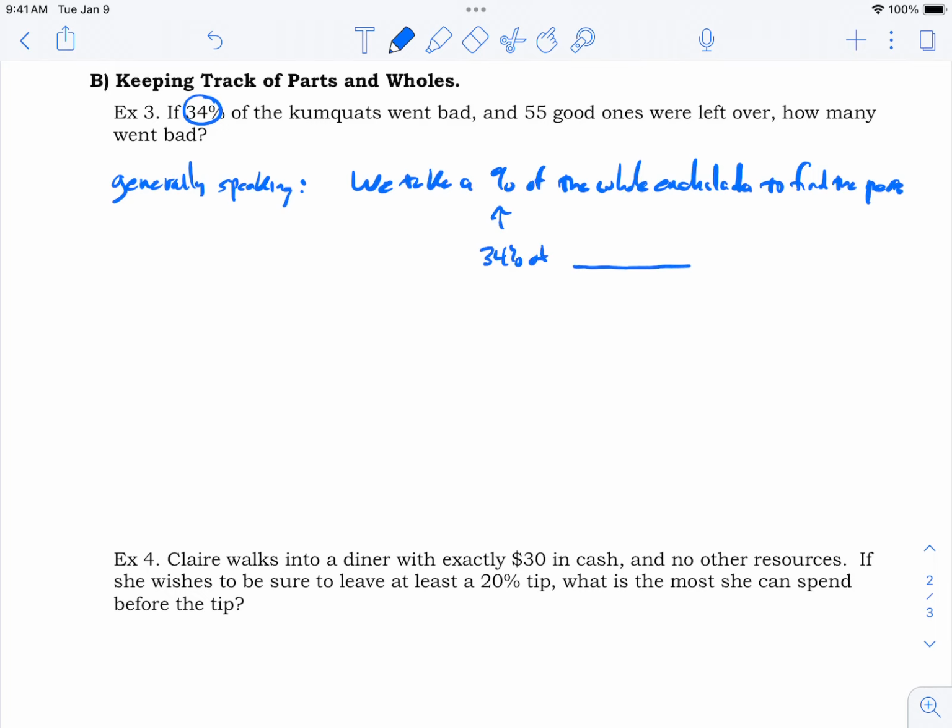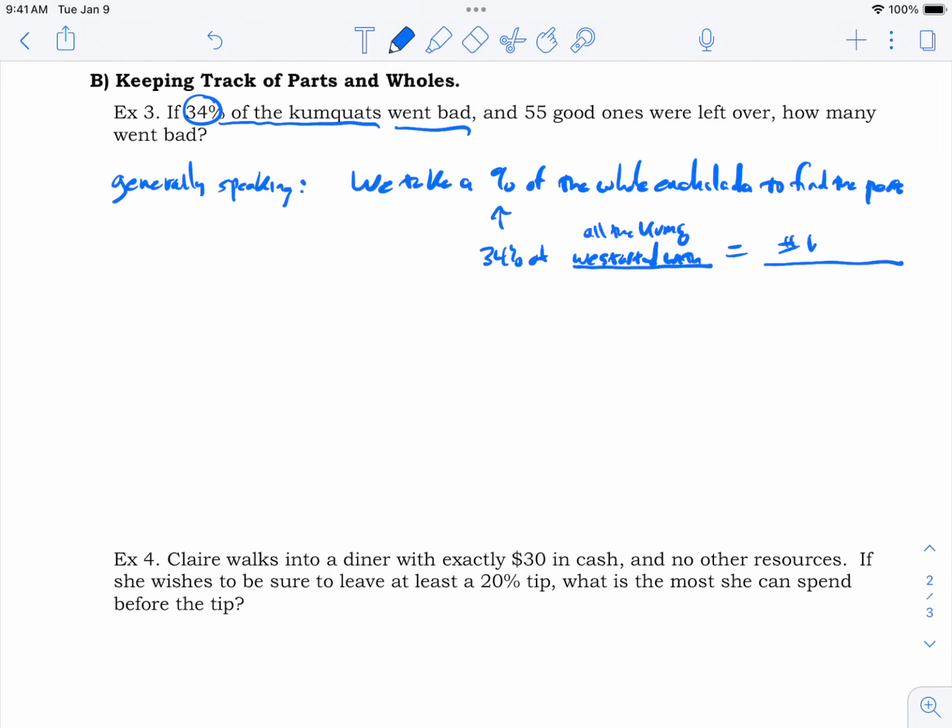Now, we're going to have to figure out what the whole enchilada is, and what the part is. Going on the phrasing here, 34% of the kumquats, so the whole is all the kumquats we started with. All the kumquats we started with is, and it says here, those are the ones that went bad.